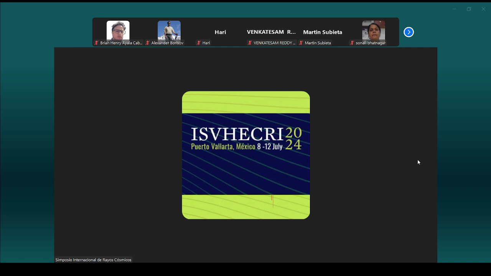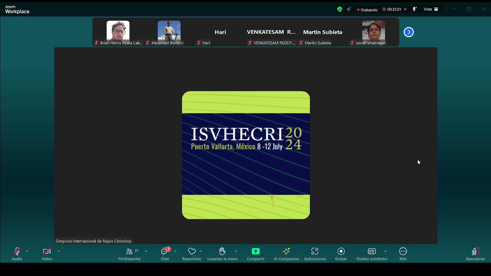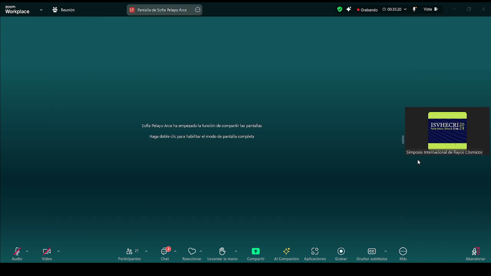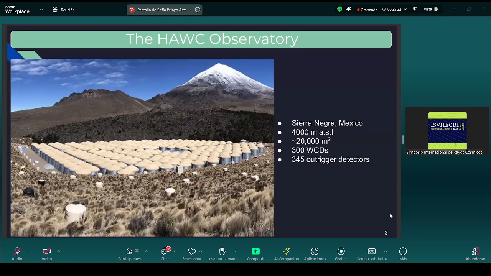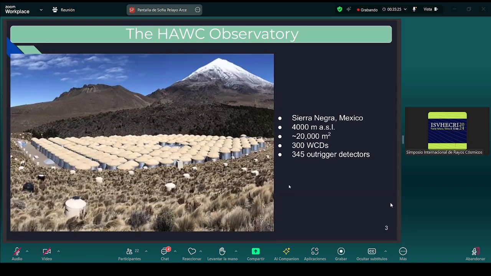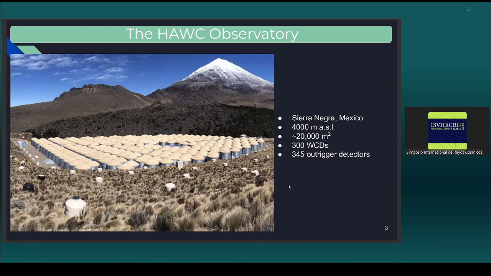I think most of you know what HAWC is, but I'm going to make a brief review about it. HAWC is a gamma ray observatory located here in Mexico at Sierra Negra, in Puebla.